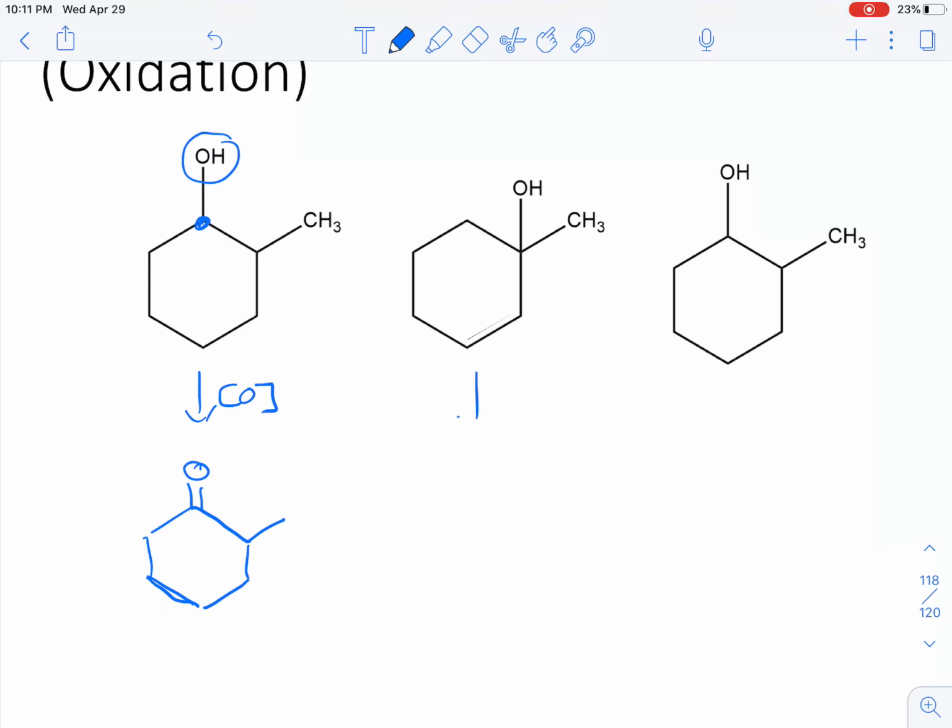So for this next example, I'm going to look at my carbon and the alcohol that's attached to it. Here the carbon in blue is connected to 1, 2, 3 carbons, and so this is a tertiary carbon. If we introduce it to an oxidizing agent, there's no reaction that's going to occur.